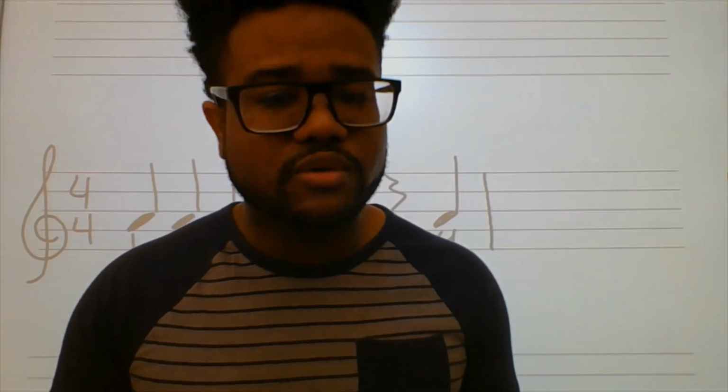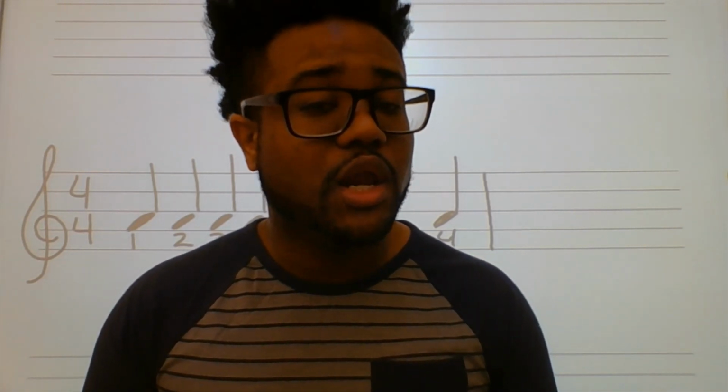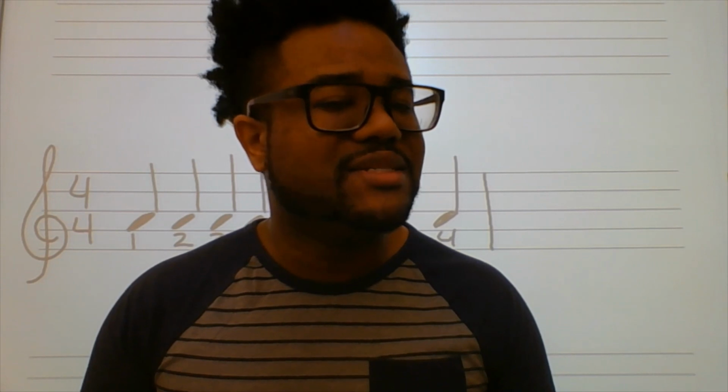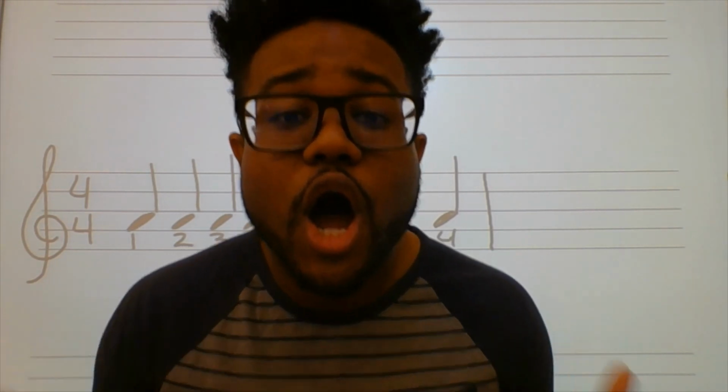Now, why do we do this? The reason why we do this is because a lot of pieces of music are really, really long. And they can sometimes have hundreds of measures in them. And if you have over 100 measures or even over 20 measures, you'll start counting to very, very high numbers.